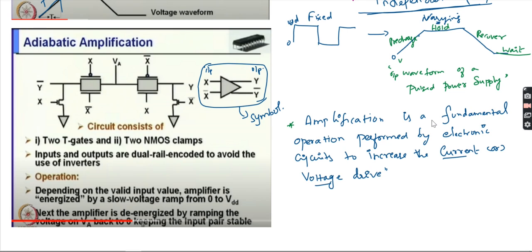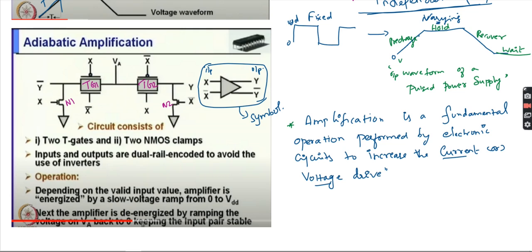The adiabatic amplification circuit consists of two transmission gates: transmission gate 1, which I will call TG1, and transmission gate 2, TG2. Next, two NMOS clamps are required, N1 and N2.